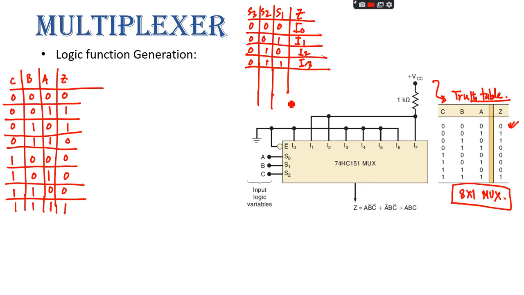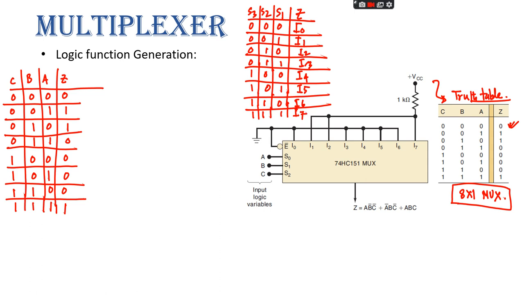Then 1 0 0, the output should be I4. Then 1 0 1, the output should be I5. Then 1 1 0, the output should be I6. And then finally, when it is 1 1 1, the output is I7, right?